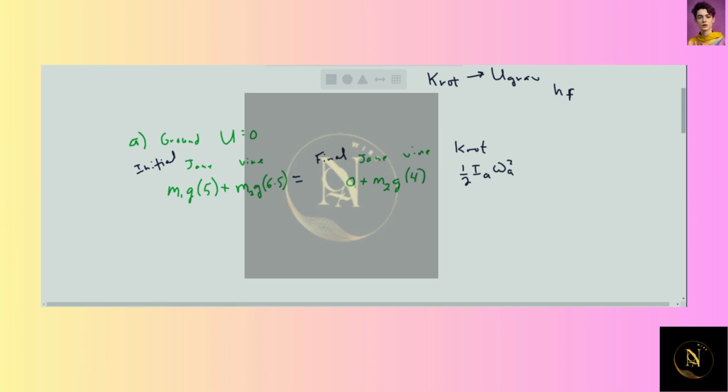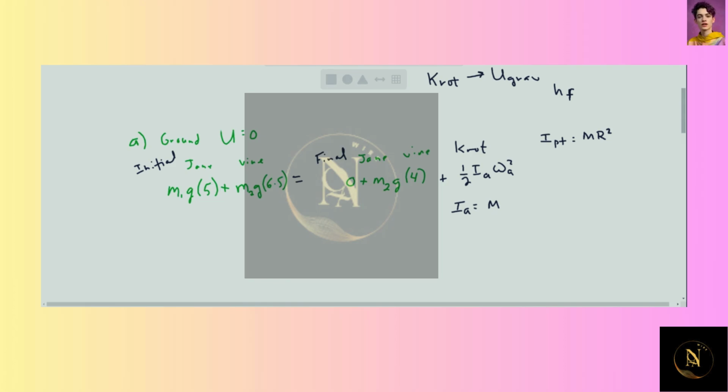Okay, so carefully taking care of those. Now, what about the moment of inertia at the initial point? Moment of inertia usually depends on the shape of the object, but here we're treating them as point masses, and the moment of inertia for a point mass is just the mass times the distance squared between the point and the support or rotational center.